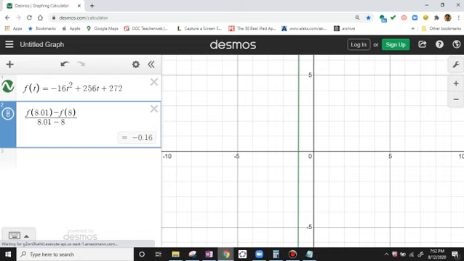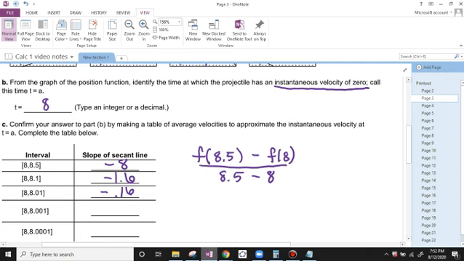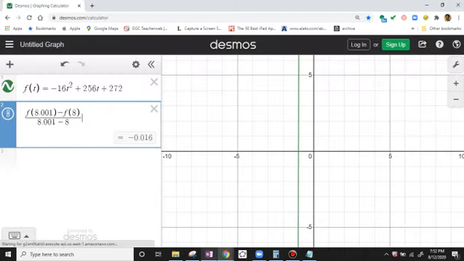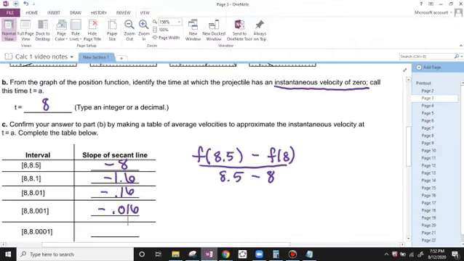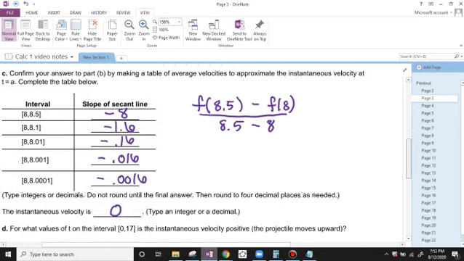Let's put another 0 here, another 0 here, negative 0.016. And I hope we're noticing a pattern. So that's with 2 zeros, and finally with 3 zeros, negative 0.0016. Okay. All from the calculator.